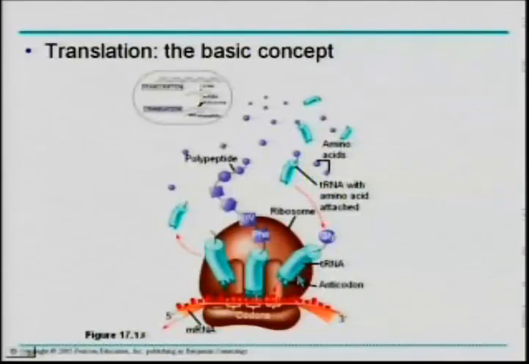There's 20 types of tRNAs, one for each of the amino acids. And we can see that they can bind to the messenger RNA, interacting with the ribosome and get shuffled along and add to the growing polypeptide. Then the tRNA is separated from the amino acid once the next one comes along, and once it has lost it, it falls off the ribosome complex.